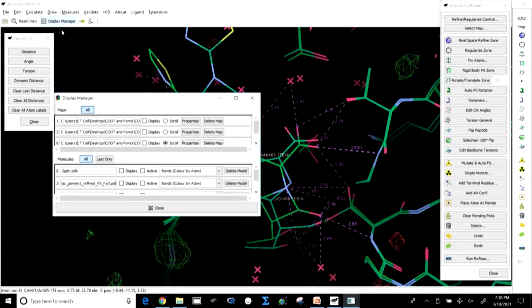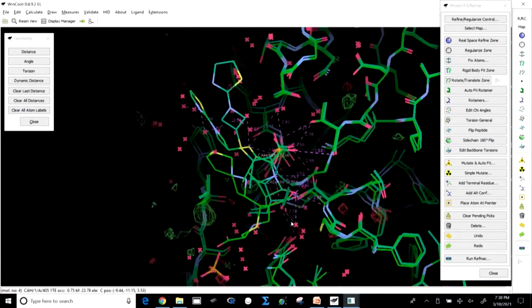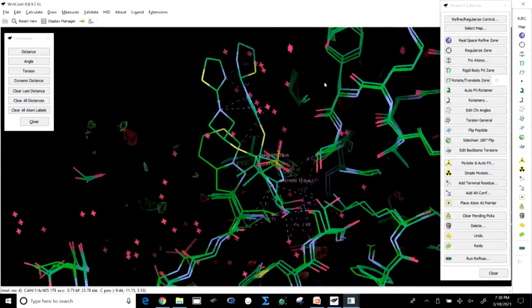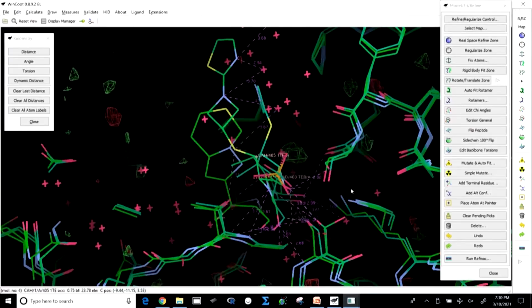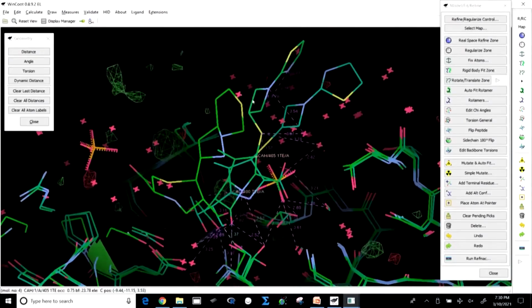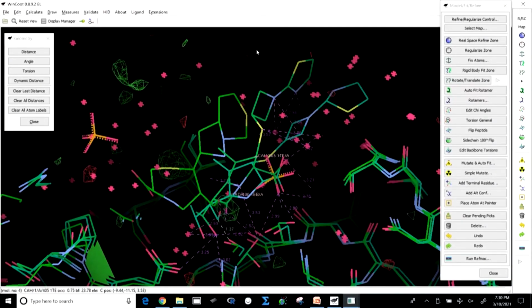If you compare the third ligand, the PNM one, you will see that the PNM again goes in a different direction.